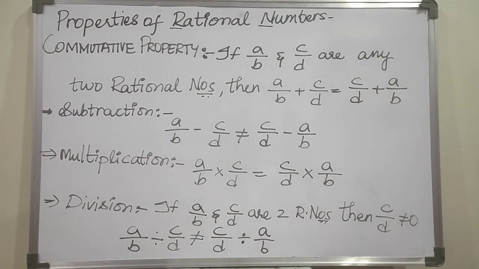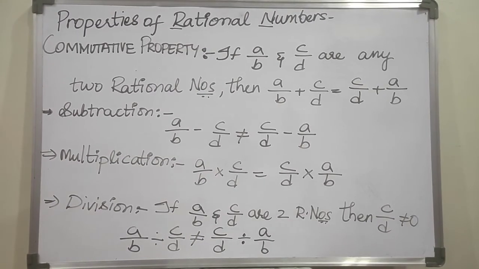Now subtraction and the commutative property. What happens when we interchange the position of the rational numbers in subtraction? Do we get the same numbers? We shall check that in the next example in the coming video.